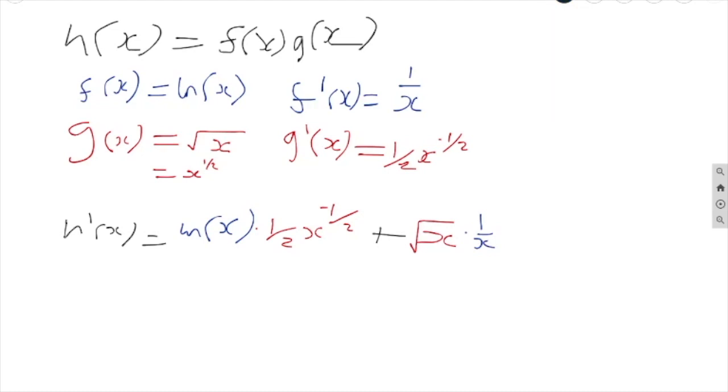And then from there we're going to simplify, or rearrange as best we can, which would be 1/2 x to the minus 1/2. I'm going to choose to keep that in index form because it looks a bit messy with surds and other square roots on the bottom side. But we're going to multiply that by ln of x and consider the 1/2 x to the minus 1/2 as a coefficient of ln. And we're going to add that to the square root of x divided by x.